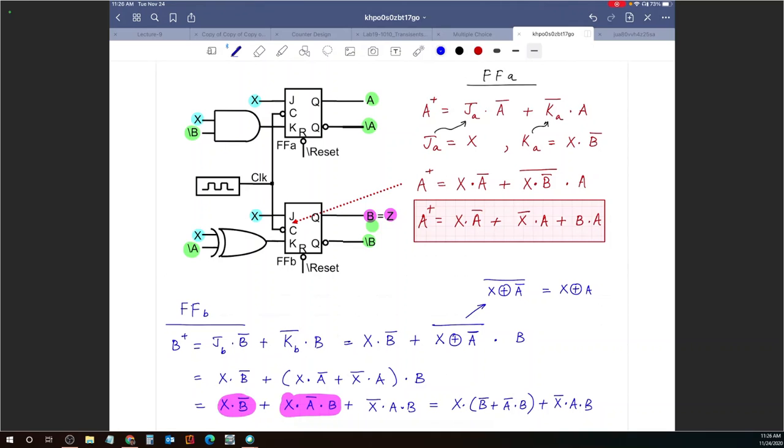All right, who can tell me what this is? B complement or A complement and B? What does that simplify to?